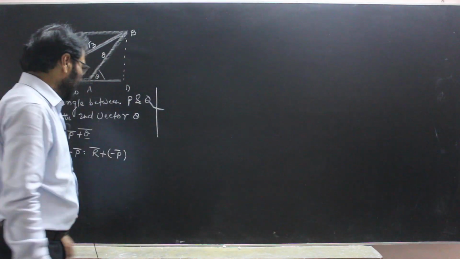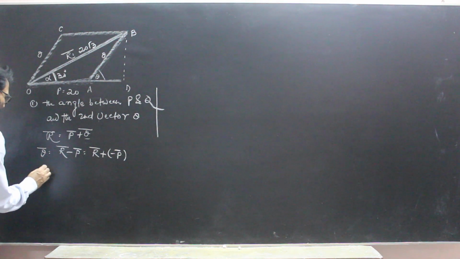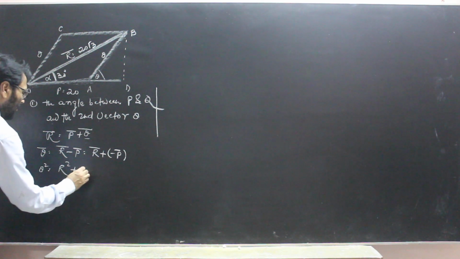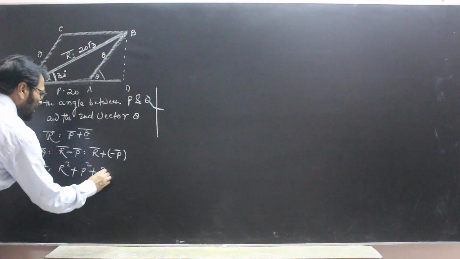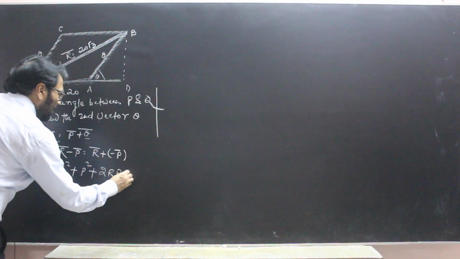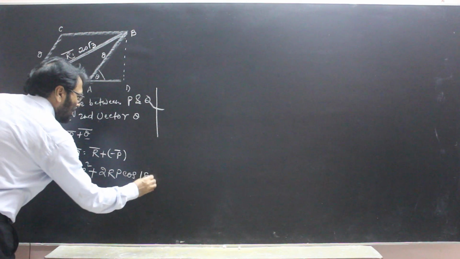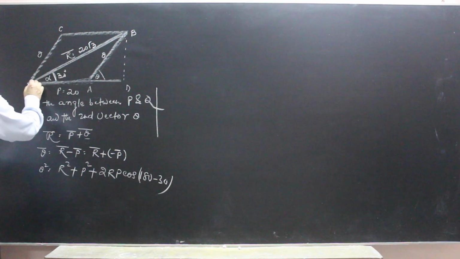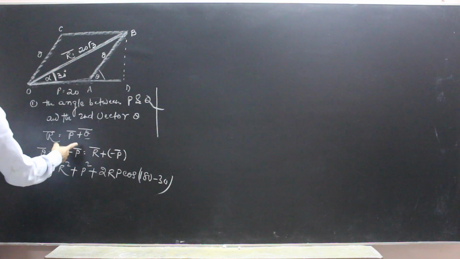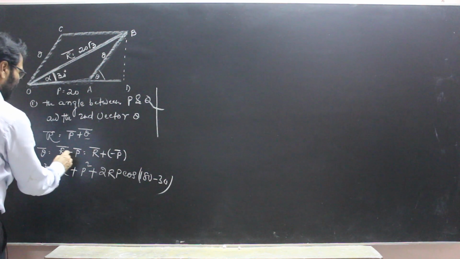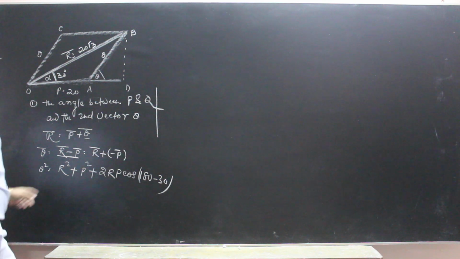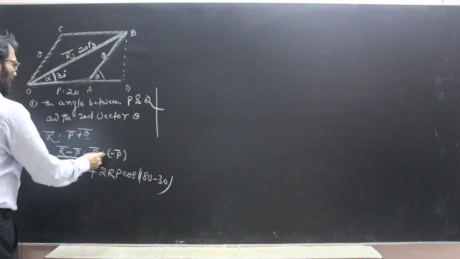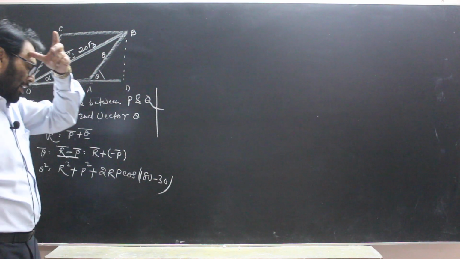So we can write Q square to be R square plus P square plus 2RP cos 180 minus 30, because the angle between P and R is 30. So if the angle between P and R is 30, then the angle between R and minus P will be 180 minus 30.